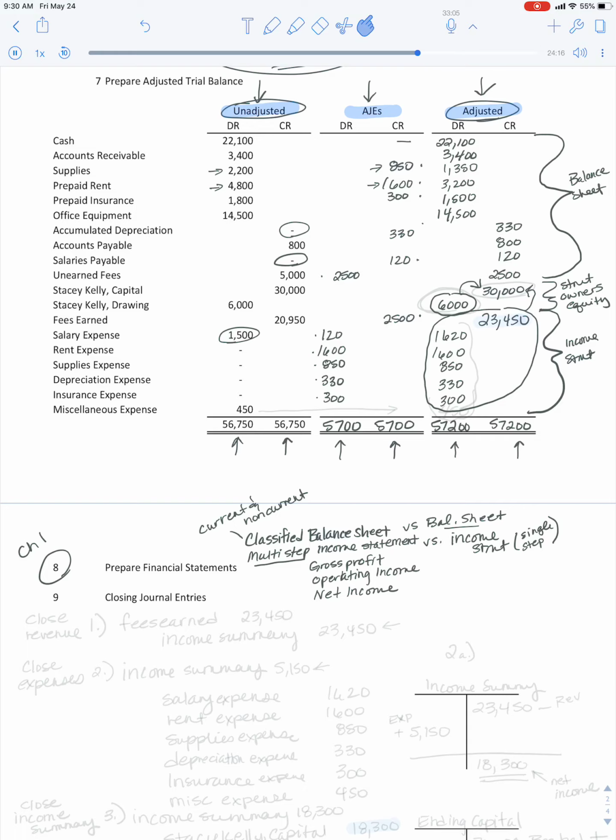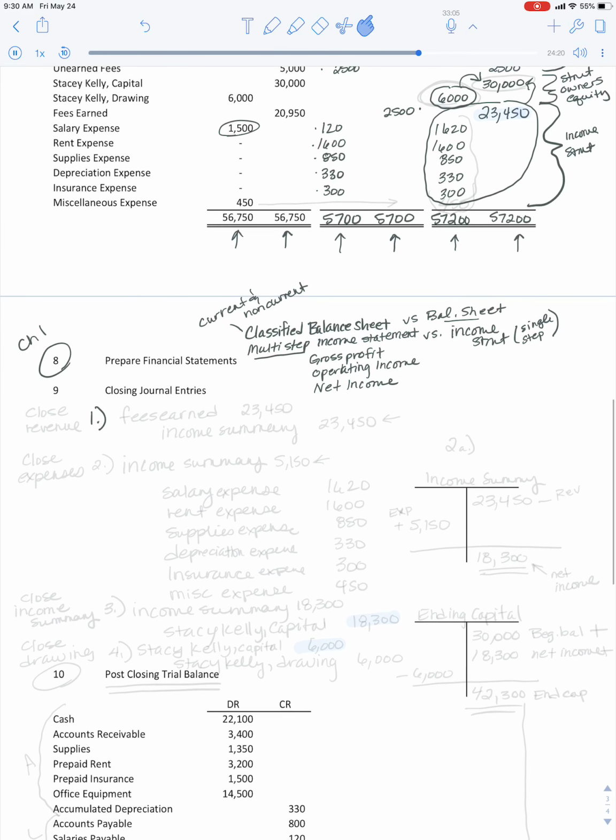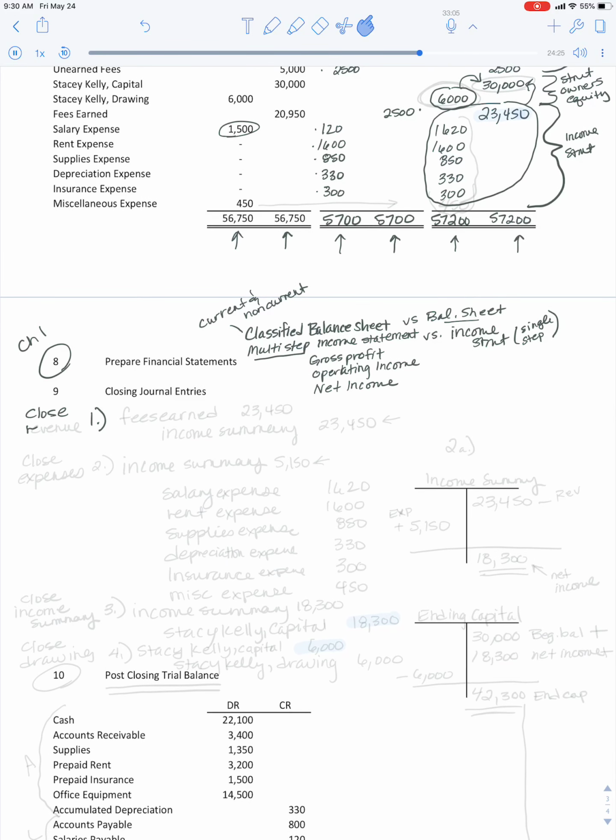So it's a 4-step, or 4 journal entry, process. Step number 1, close revenue. Revenue is sitting on the income statement right now at a $23,450 credit balance. So to make it 0, we're going to debit fees earned.